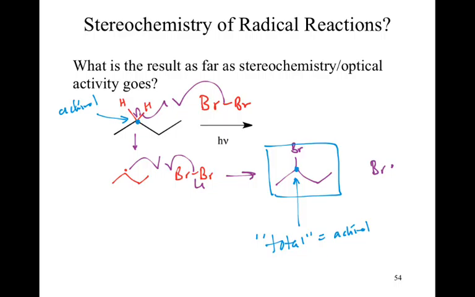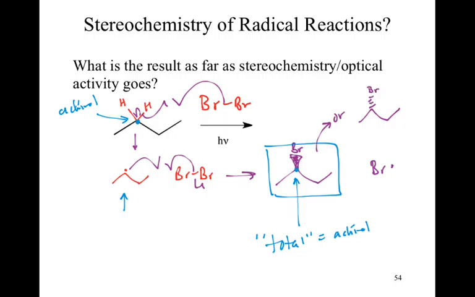Okay, well, that comes into play because our radical intermediate can react with our bromine either above or below, because remember, it equates to a carbocation, which means when we look at the product, I could either have that bromine wedged coming at you, or I could have ended up with the product with the bromine dashed going away.